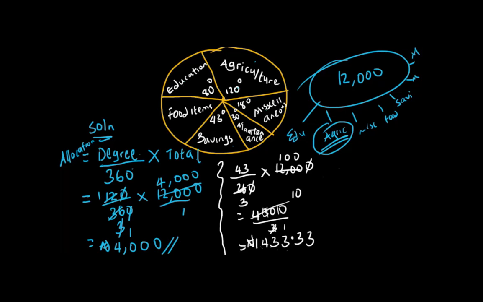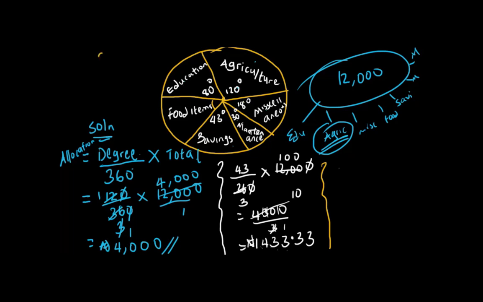Do you understand? Now, what if you are asked how much was allocated to food items? Now remember the degree of food items, but in this case we're not given the degree for food items, so we need to first of all find the degree for food items. Remember, the total angles in a circle is 360 degrees. So to find the degree for food item, we add all the angles we're given and we subtract it from 360. Does that make sense? So let's try to do that.